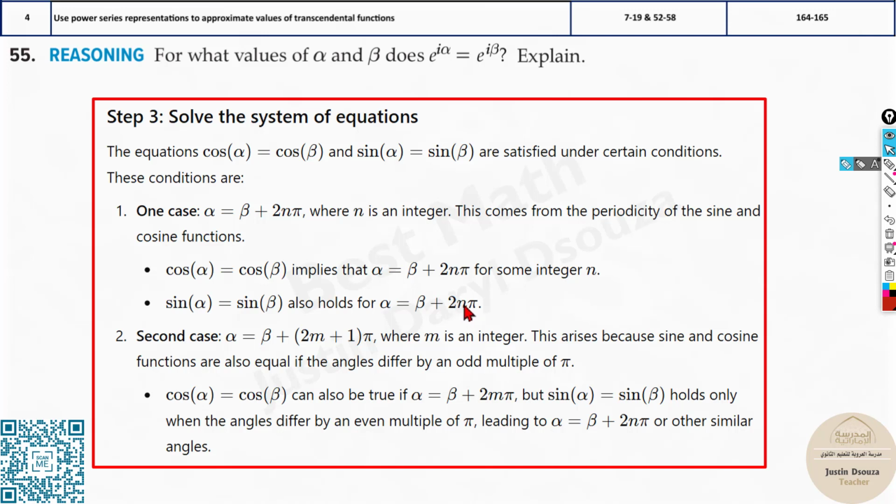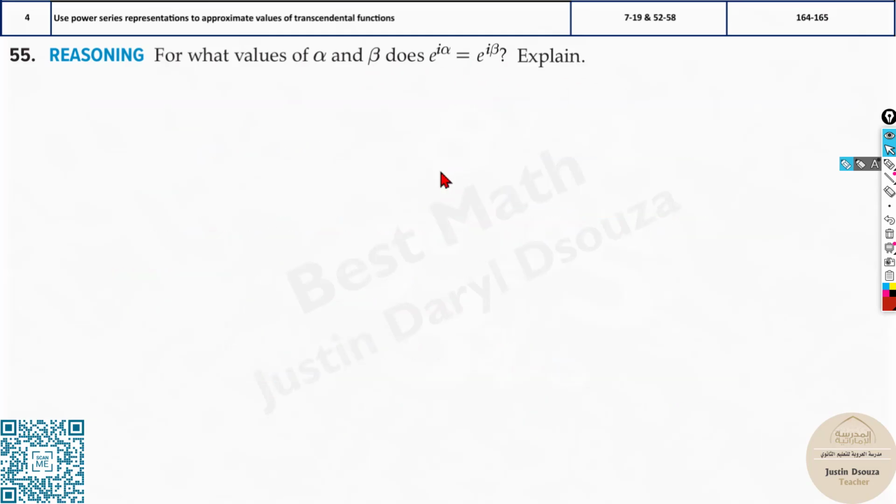Now here this n means it's an integer, not only a positive integer, sorry, it's just any integer. Even -1, -2, -3 is possible, or 1, 2, 3, 4, 5 is possible. So basically the answer is that they are equal at every 2 pi interval.